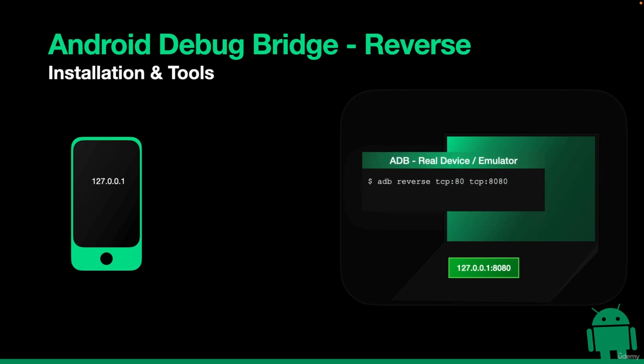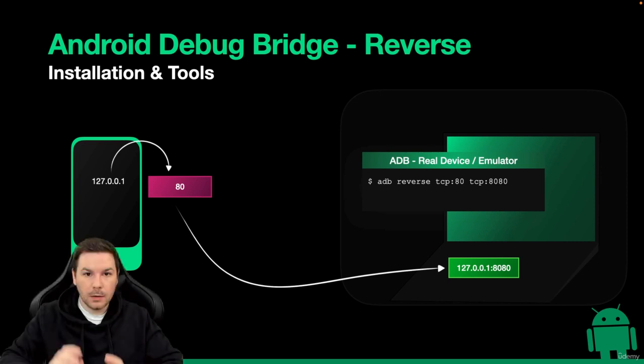Okay. If we are running adb reverse tcp:80 tcp:8080, what happens is the following. This time it's the reverse direction, which means if we are now accessing the local interface on port 80 on our smartphone, then the web server will appear over here. So ADB reverse will be used to make a service which is running on our local system or on our Ubuntu VM available to the smartphone.